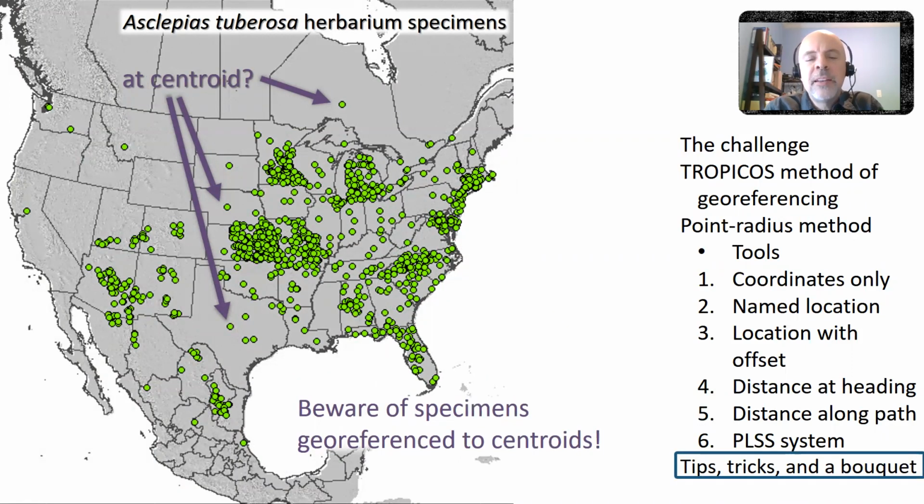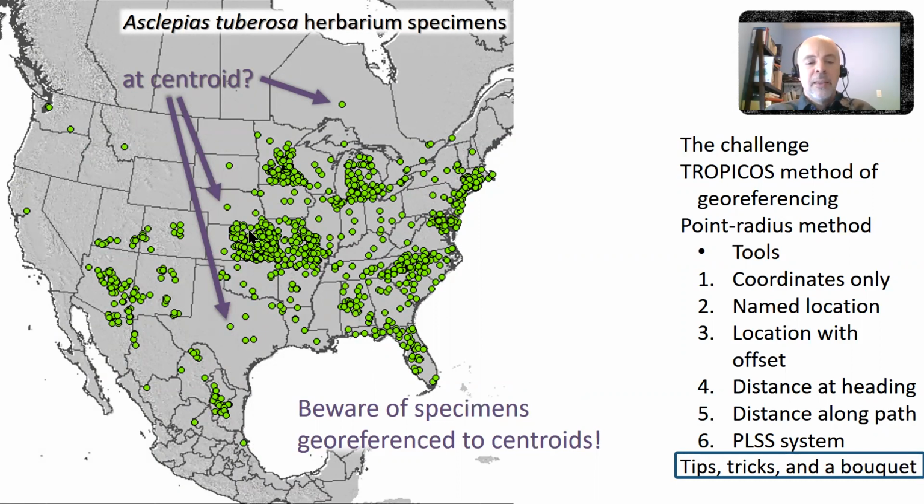If you're using specimens that have been previously georeferenced, then keep in mind that some of them may be geolocated to the center of the smallest possible geopolitical unit. In other words, if I were cleaning the records for this species, I would be a little bit suspicious of this point, and this point, and others as well, because to my eye, at least, they look like they're in the center of those particular states or provinces. Now, they may have been collected there and may be valid records, but I would at least inspect them to see if they are as accurate as they might seem by just looking at a set of points here.